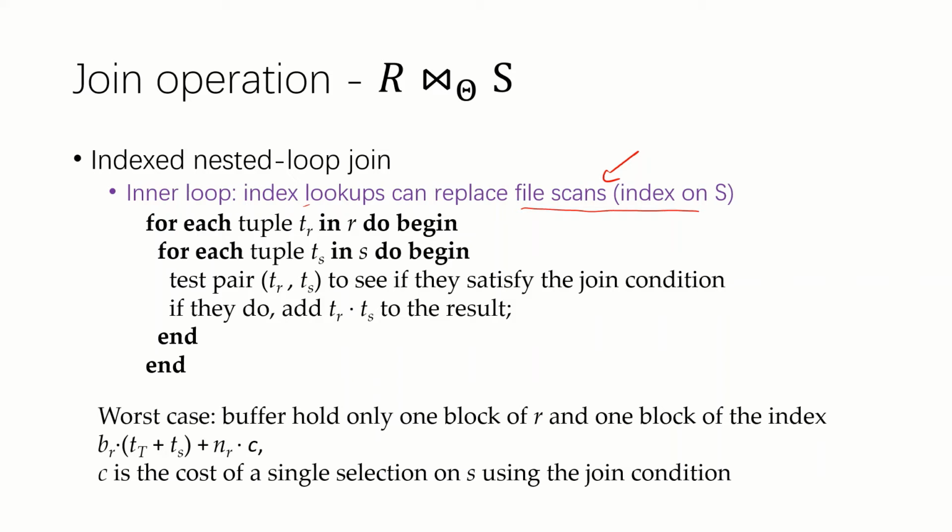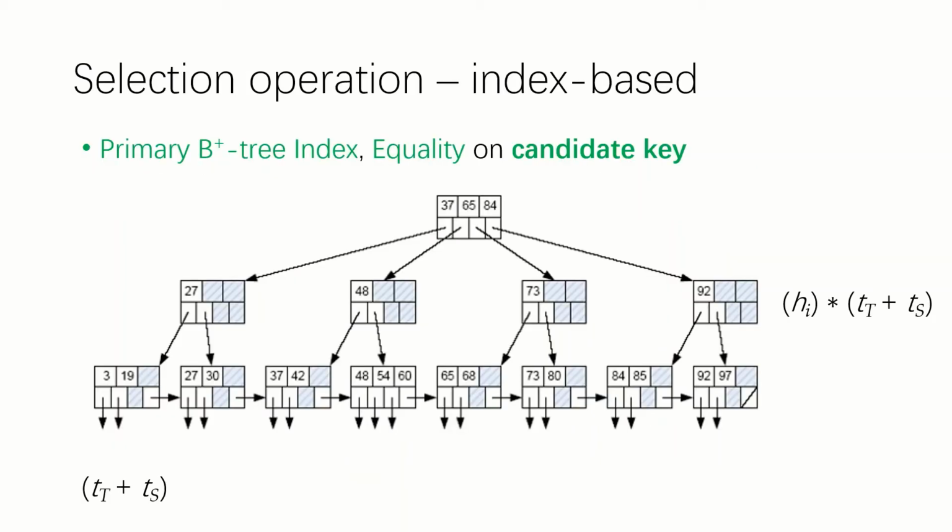So what then is the difference between this and the other one? The difference is that the number of block accesses that we require is going to be very different. Notice that right now the index is going to be on S. It's not going to be on R, but on the inner loop. So let's do a bit of revision. Let's assume that it is a primary index and equality on the candidate key.